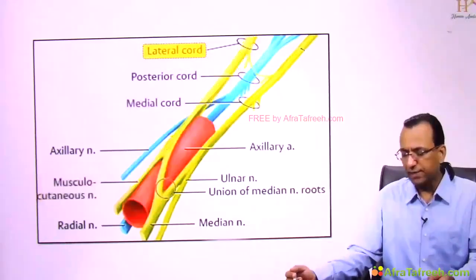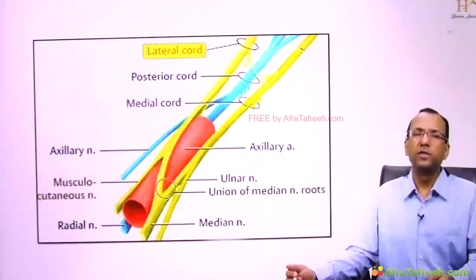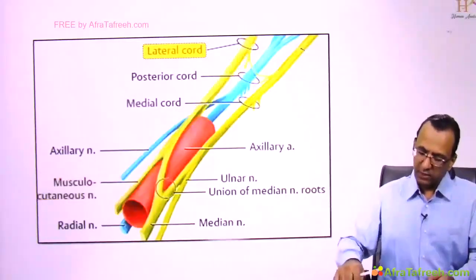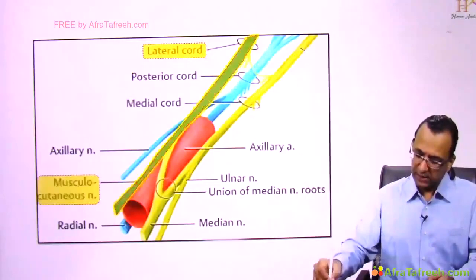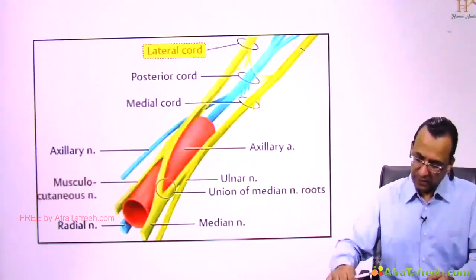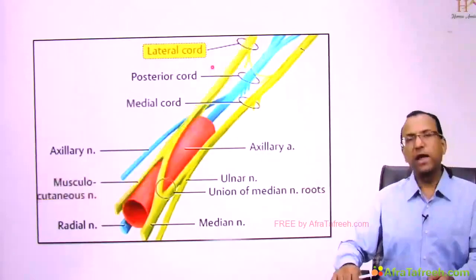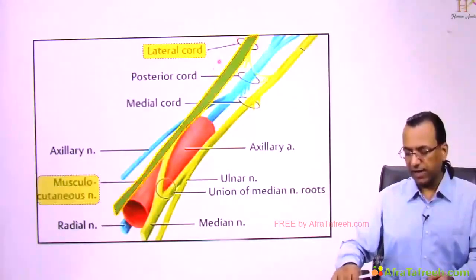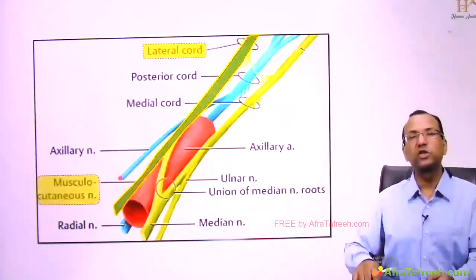So what is the continuation of the lateral cord of the brachial plexus in the axilla? It will continue as the musculocutaneous nerve.